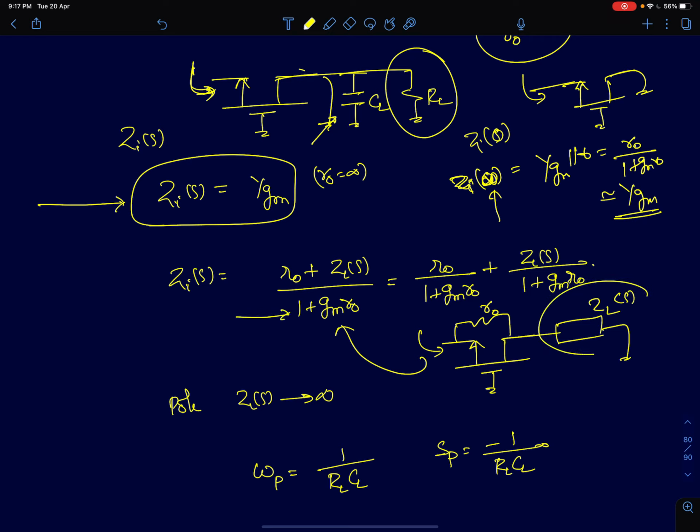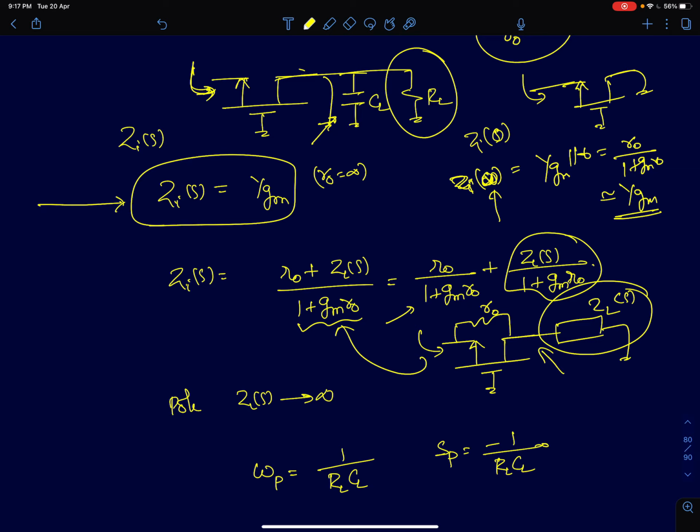So the impedance here gets divided by the gain of this amplifier, the reverse intrinsic gain of a common gate, which is 1 plus Gm R0. So you get R0 by 1 plus Gm R0 plus ZL of S by 1 plus Gm R0. Now I have an exact expression for the input impedance.